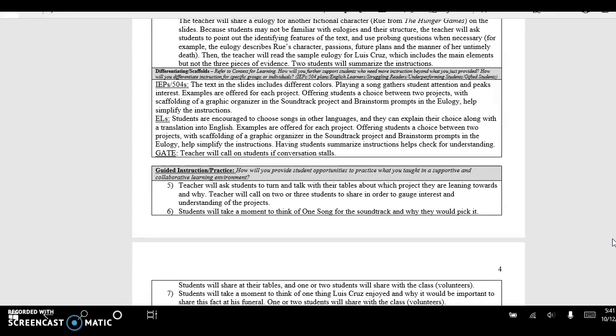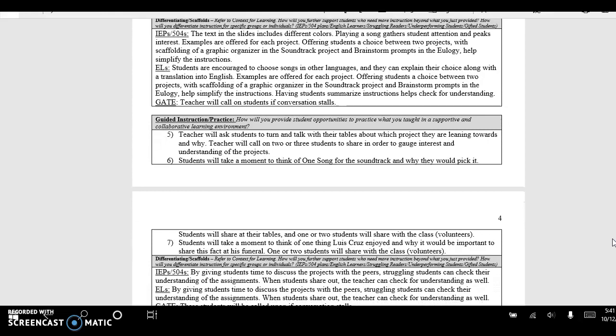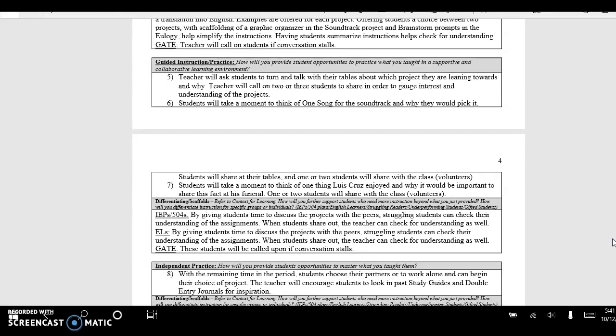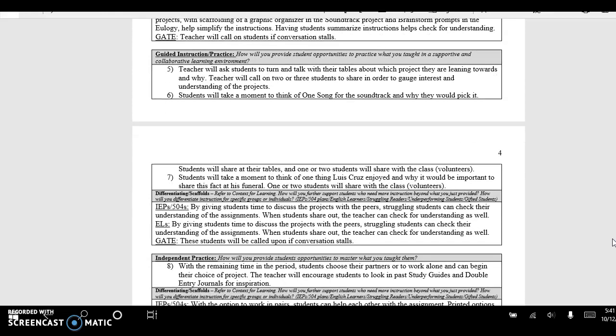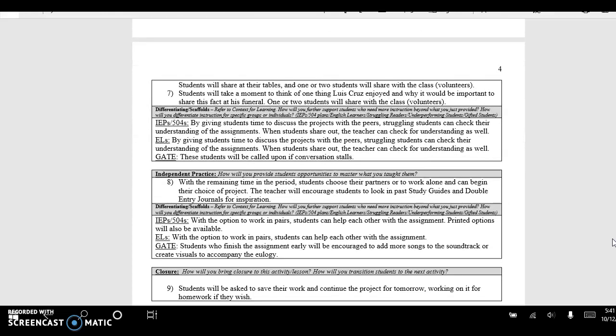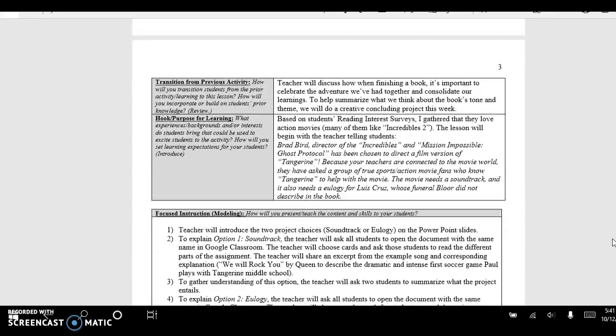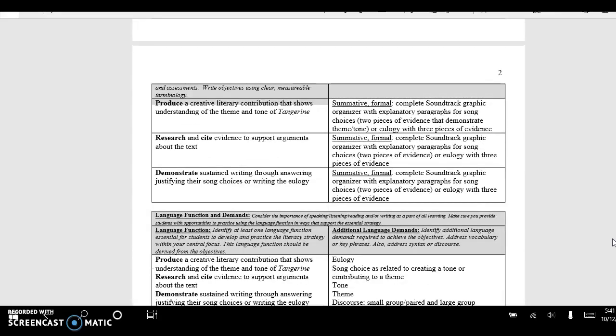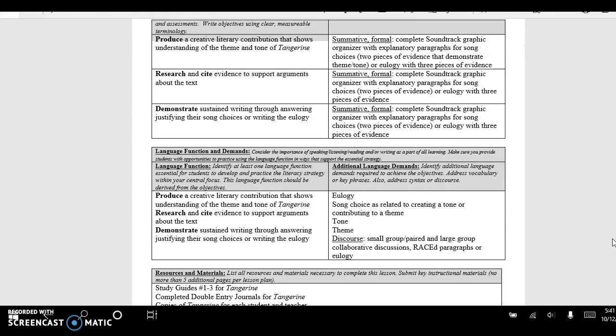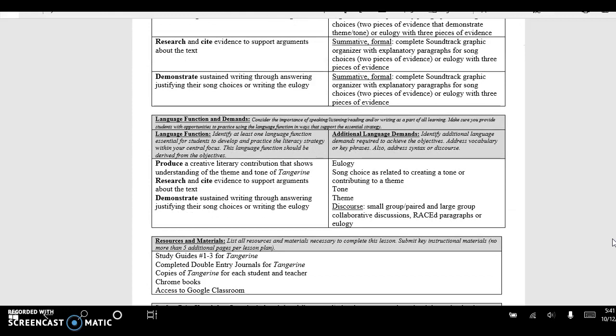And yeah, so differentiation, you're going to talk about your IEPs, EL students, anything to really help students. You could be giving them more time. You could be allowing them to do certain things for homework. And I think those things are also important. Like if your student needs more time, you should allow them more time, because you don't want a student to ever feel rushed or like they weren't given the proper time to actually learn what was being covered.